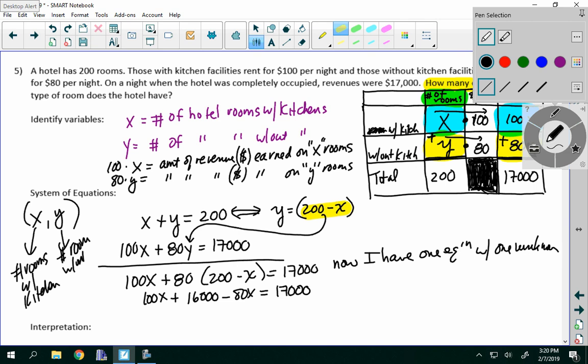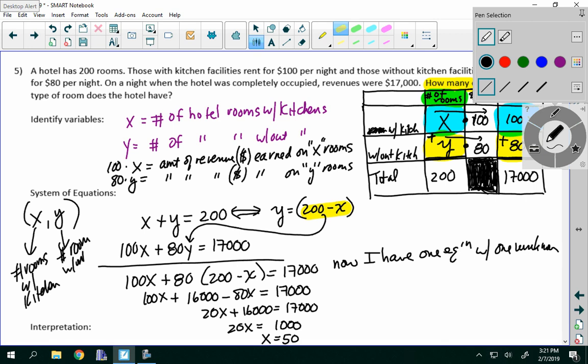Now I combine like terms. 100x take away 80x is 20x, plus 16,000 equals 17,000. I subtract 16,000 from each side, and I get 20x equals 1,000, and now I divide both sides by 20, and I get 50.